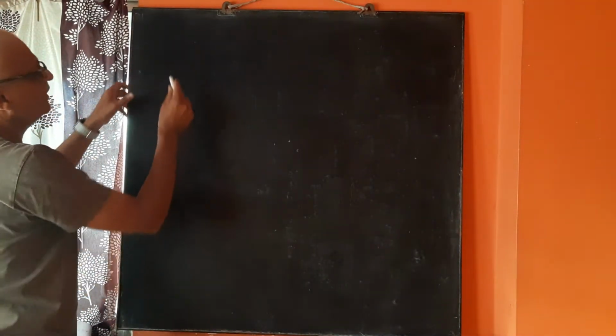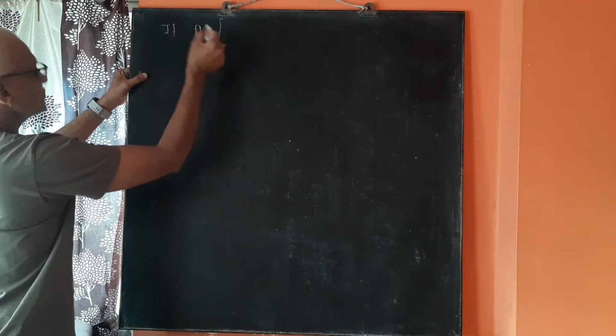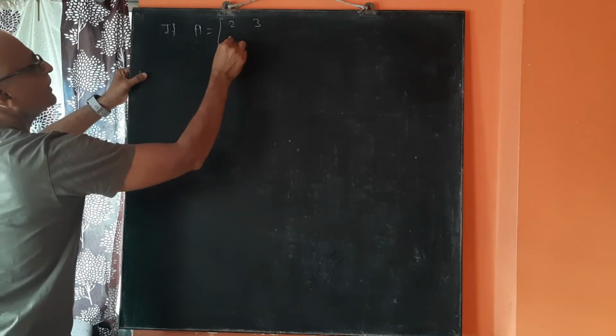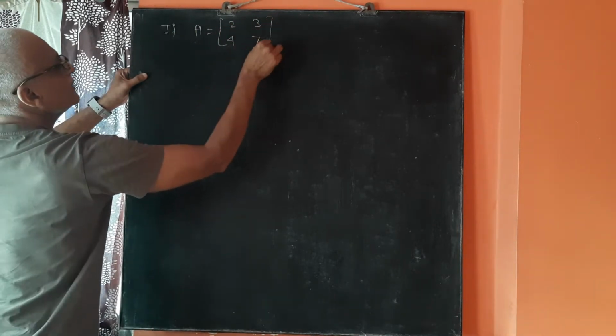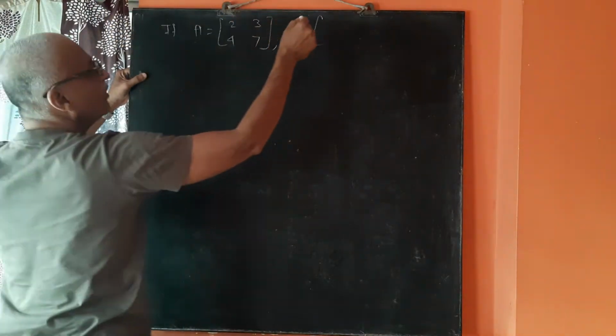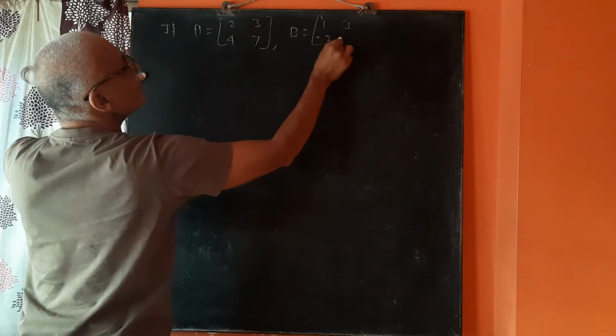Now the third one. If A is equals to 2, 3, 4, 7, the matrix B is equals to 1, 3, minus 2, 5.